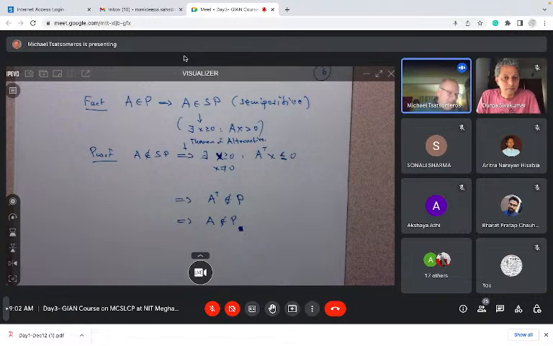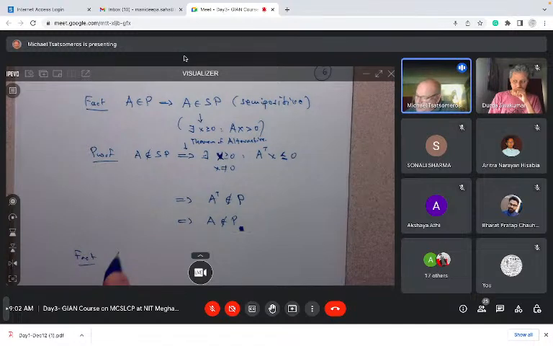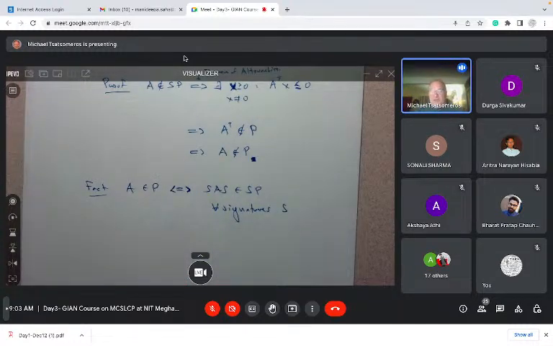And of course, I mentioned before another fact: A is a P matrix if and only if SAS is SP for all signatures S. So there is a stronger connection between P and semi-positivity.